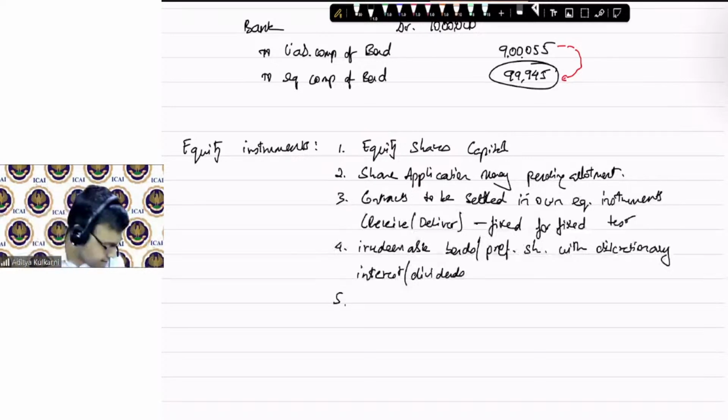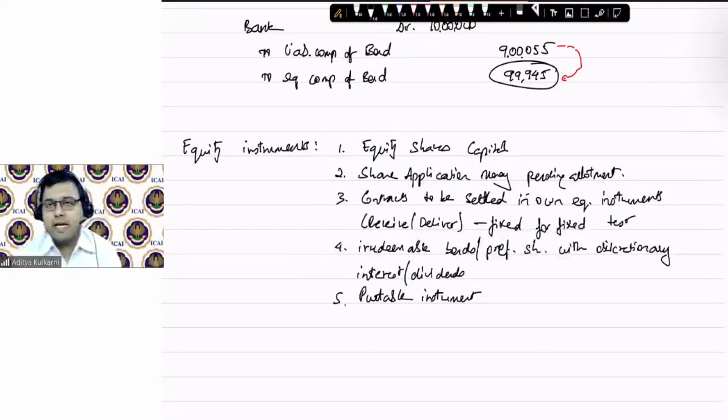And then fifth case, a puttable instrument. This is a sword hanging over the head of a company. Anytime they can put it and the company has the obligation to deliver cash.